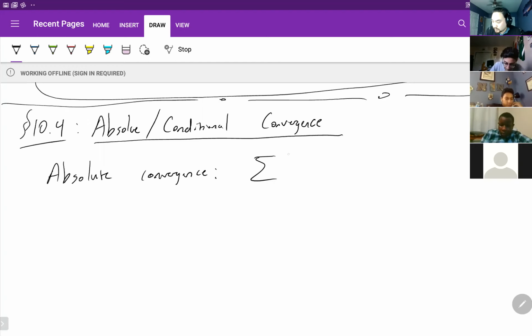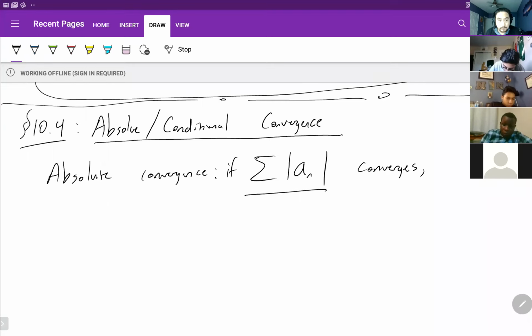It's basically if you have a series with all positive terms and it converges, then without the absolute value signs, if you were to take them off, you can say that this converges also. And it's a pretty important theorem because it leads into negative stuff.